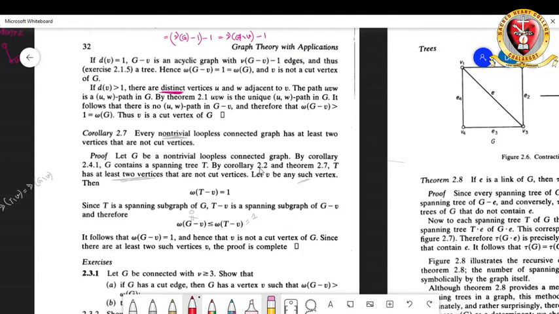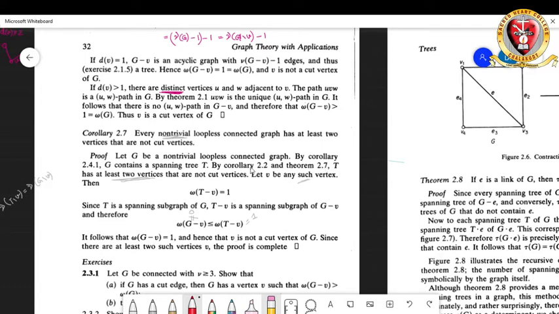By corollary 2.2, any tree will have at least two vertices which have degree strictly greater than 1. And from the theorem which we mentioned now, we know that any vertex having degree strictly greater than 1 will not be a cut vertex for a tree.